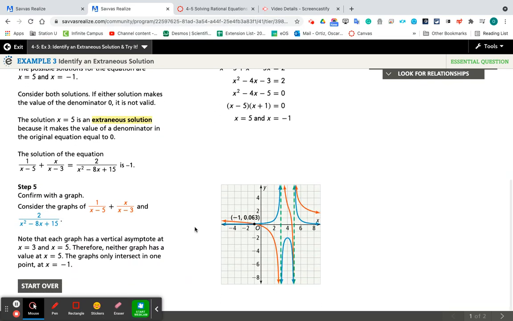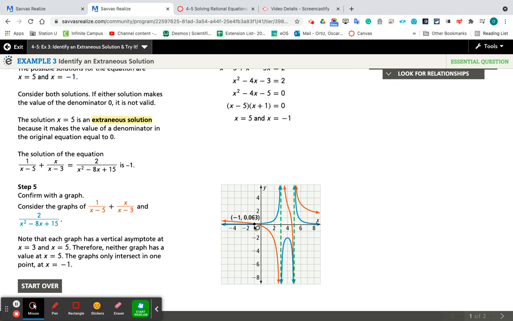If we check by using Desmos, the graphing calculator, we graph, in red, y equals the left hand side of the equation, and in blue, y equals the right hand side of the equation. We're going to see how those two blue and red graphs intersect only when x equals negative 1.